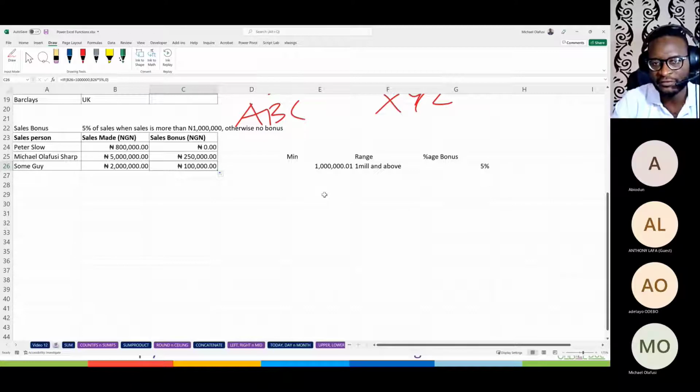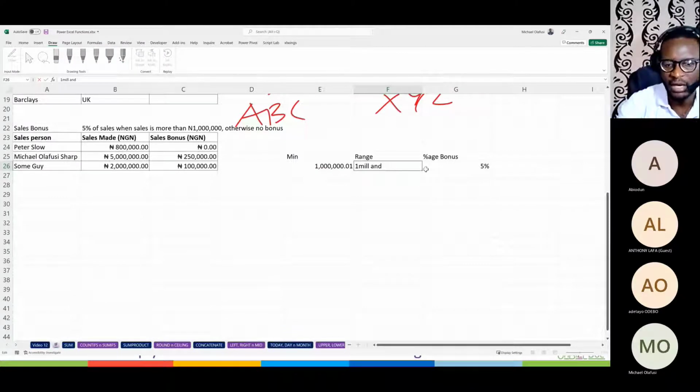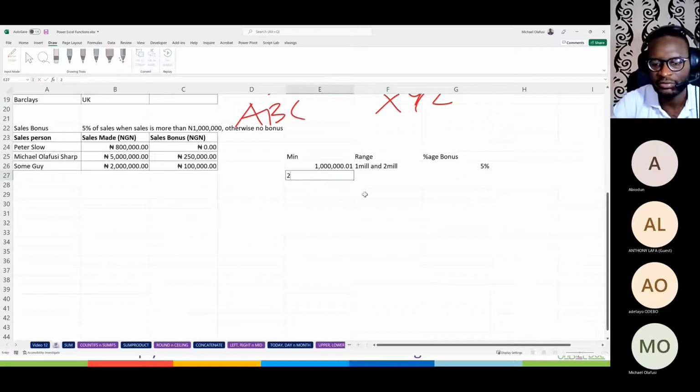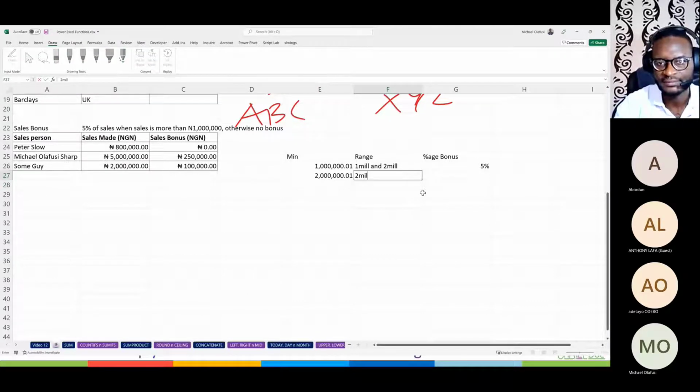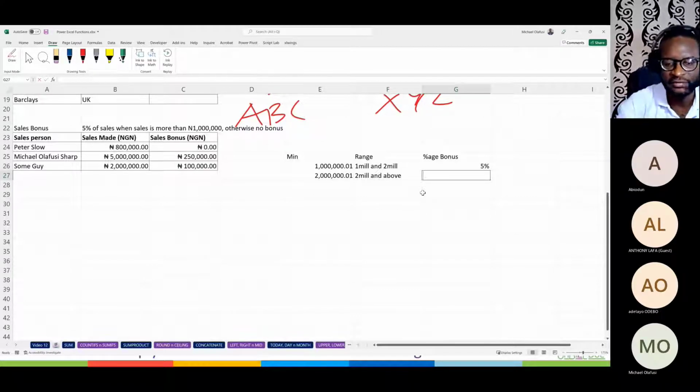Okay, so now let's begin to turn up the complexity gradually. So what if it's not just anybody? We want to say between 1 million and, I don't know, 2 million, that's where you get the 5%. Then 2 million and above, you get 7%.